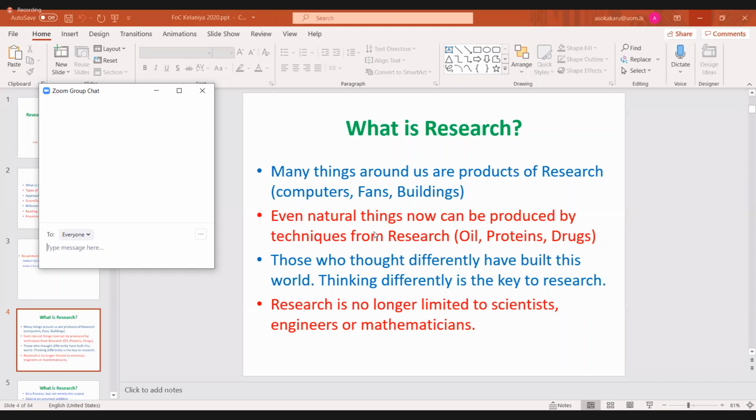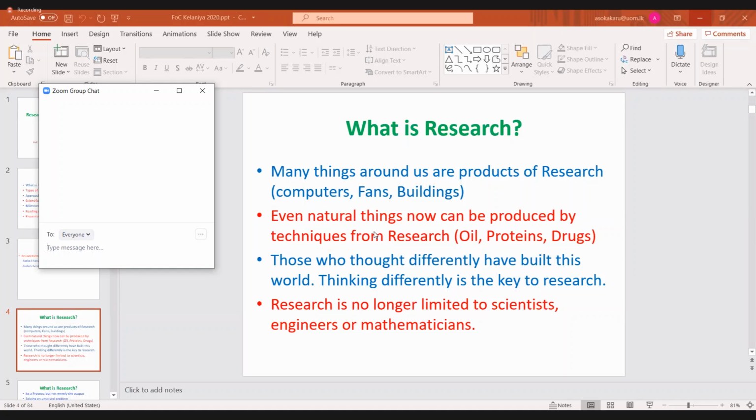Yes. So actually, a very important third point. Normally, successful researchers are people who can think differently from the others. They can do research. Give me a few examples where people thought differently.